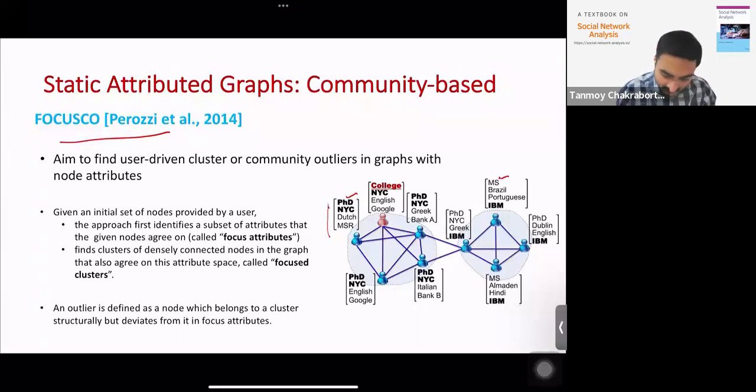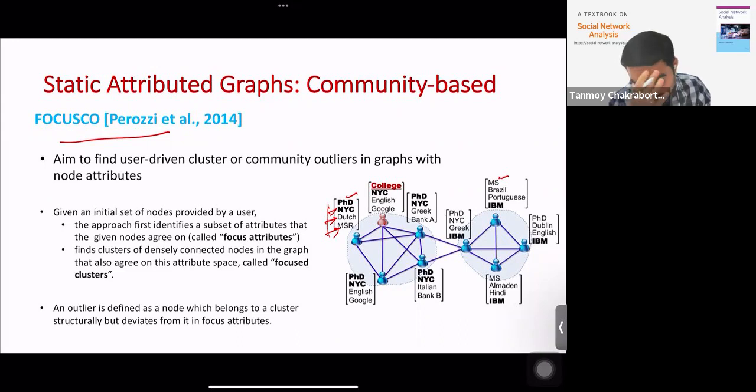You have some location. You have citizenship, Dutch, English, Italian, and your industry, your affiliation, MSR, Google, etc.